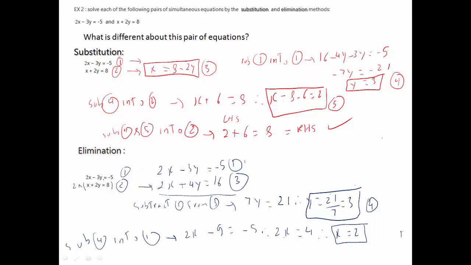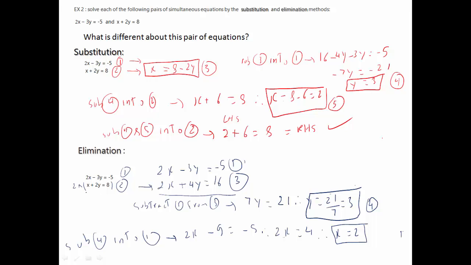Okay, so we've got 2x minus 3y equals negative 5 and x plus 2y equals 8. So if we examine it, the x's multiplier and the y's multipliers are not the same. Okay, so what we need to do is to manipulate one of them to get the same as this.